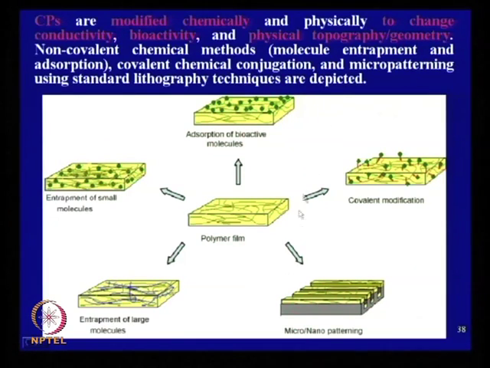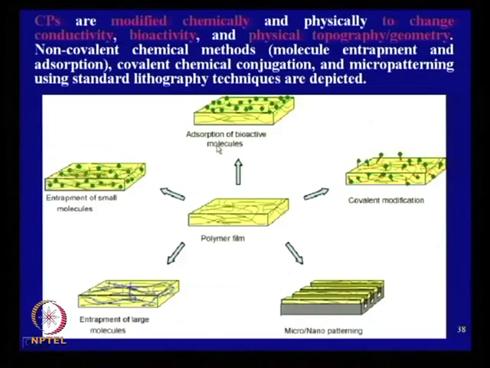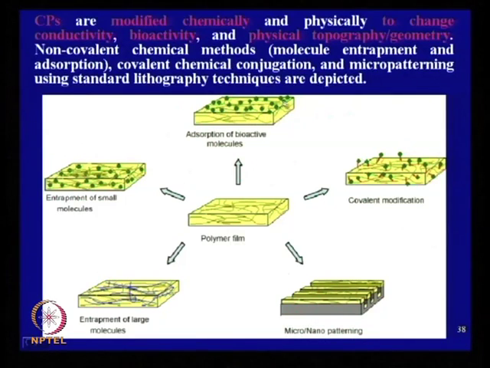Now, here you see if you take a polymer film, to this polymer film you can attach some bioactive molecules by various means and ways. That attachment can be done through physical adsorption of bioactive molecules. So, this is physical adsorption of bioactive molecules.